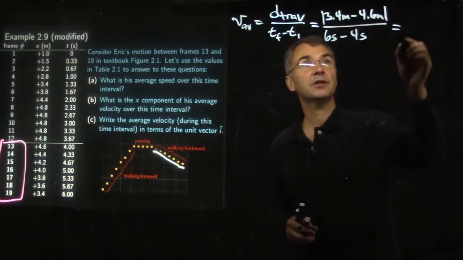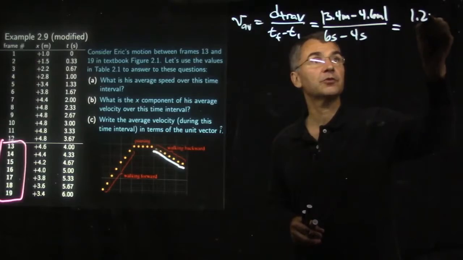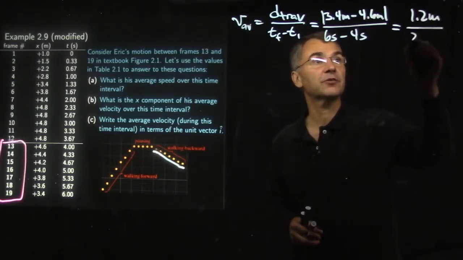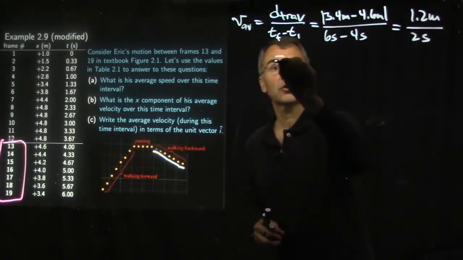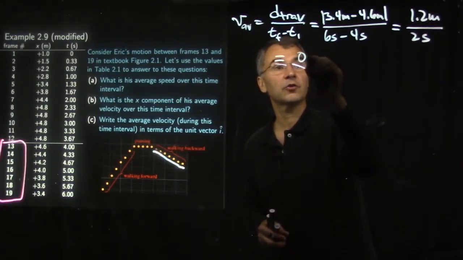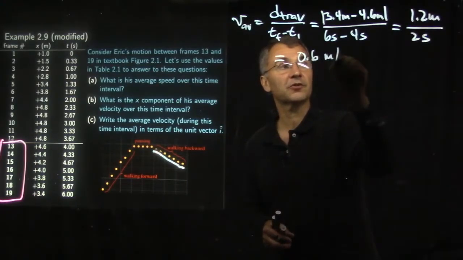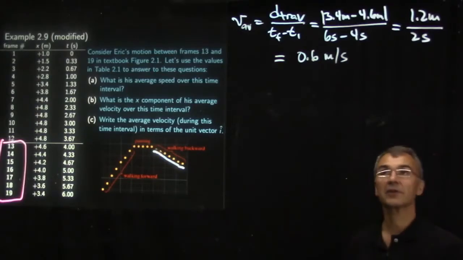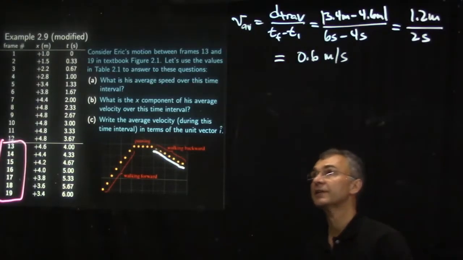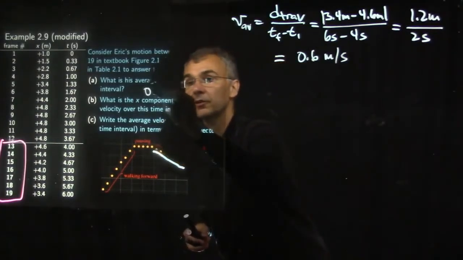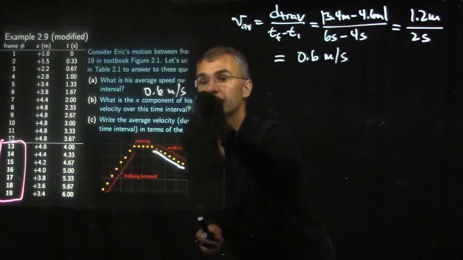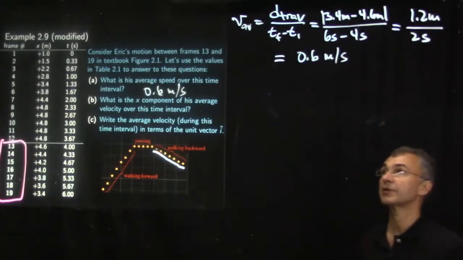So that seems like 1.2 meters divided by 2 seconds, which is 0.6 meters per second. Okay, so it seems like his average speed is 0.6 meters per second in that time interval.